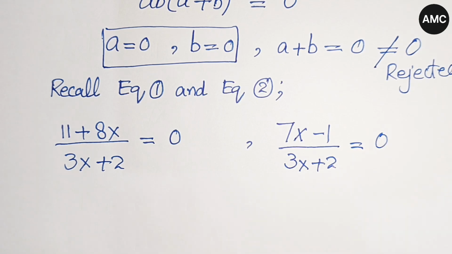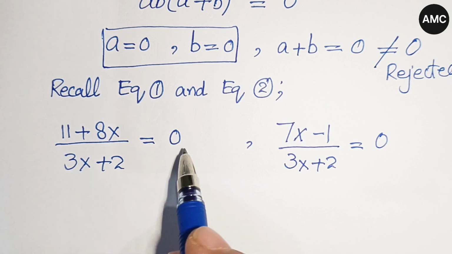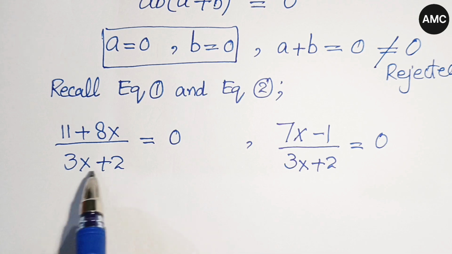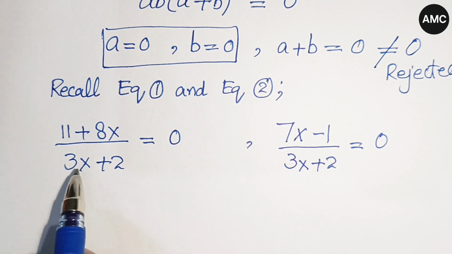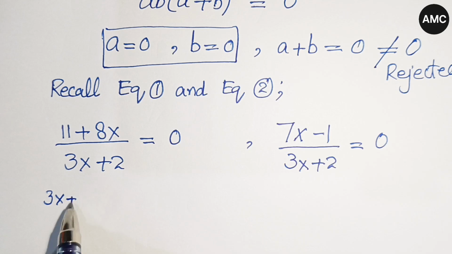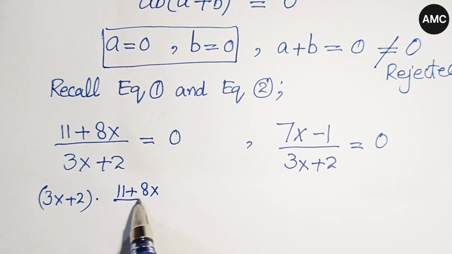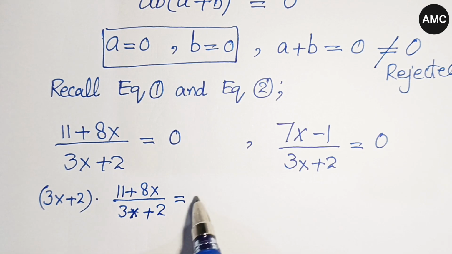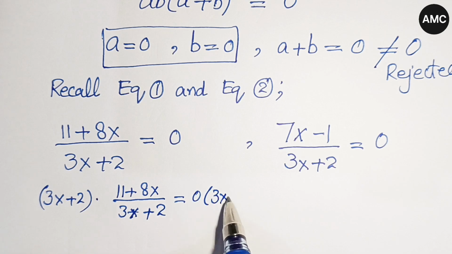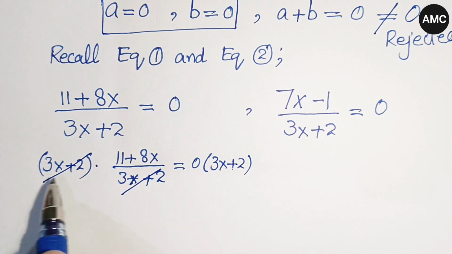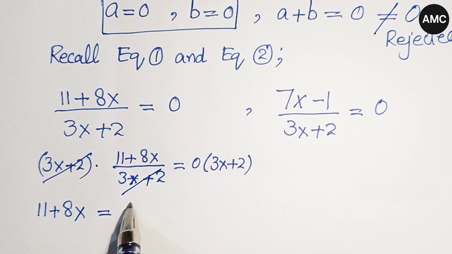Now if we just cross multiply, 3x plus 2 times 0, and here if we just multiply by 3x plus 2, we write 3x plus 2 times 11 plus 8 times x all over 3x plus 2 is equal to 0 times 3x plus 2. Then here this will be cancelled. We get 11 plus 8 times x is equal to 0.